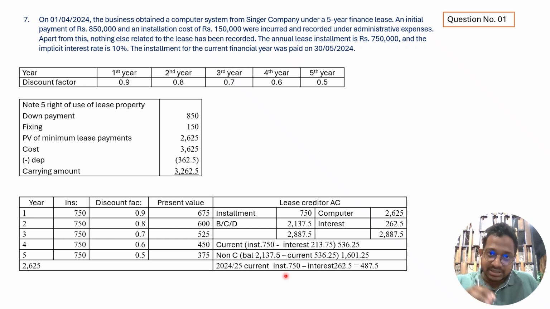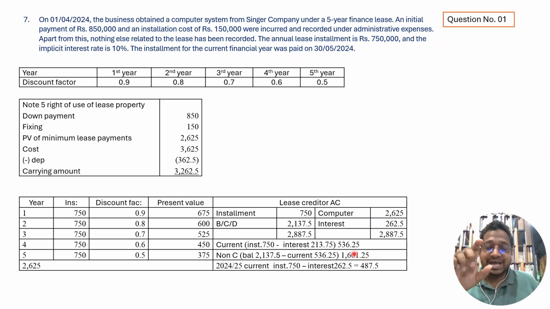And in this case, the installment is not yet paid as at 31st March. So this year's lease portion you should also add to your current position of lease creditor. So this year's total installment is 750, from that this year's interest payable is 487.5, plus the lease portion that you're going to pay next year, 536.25.